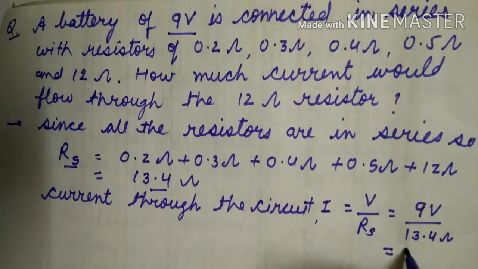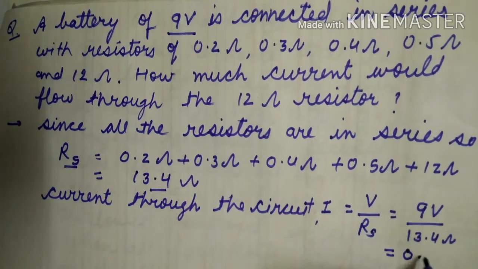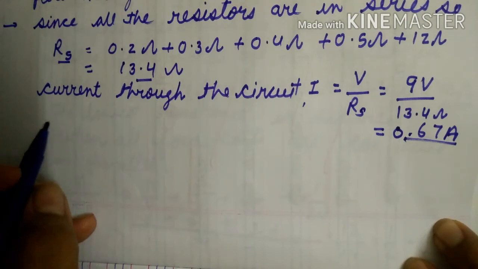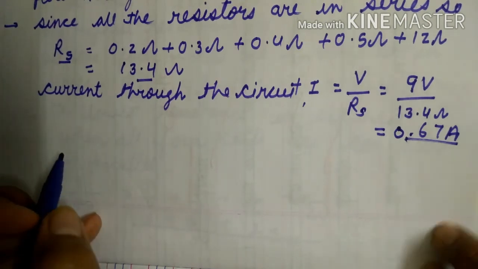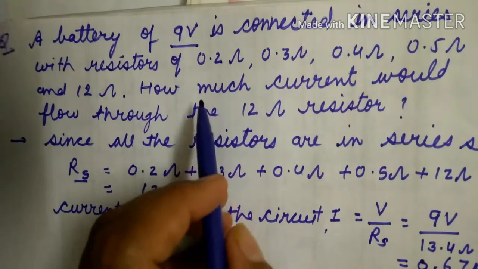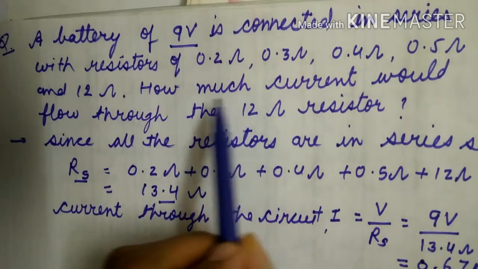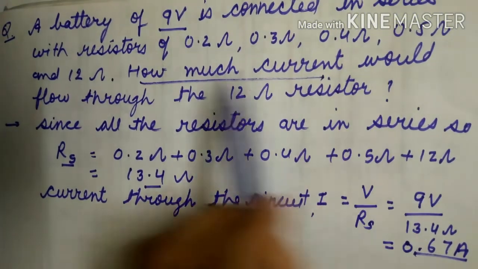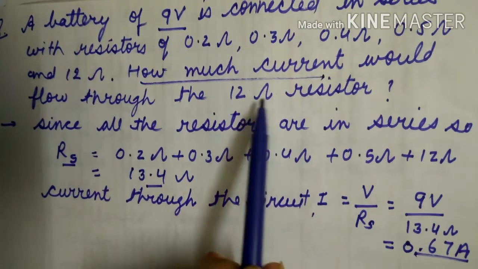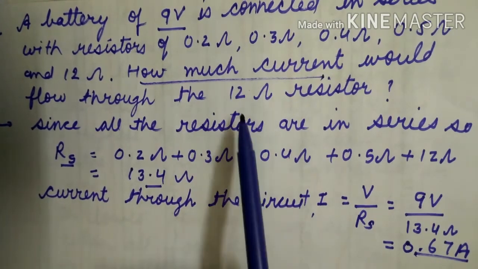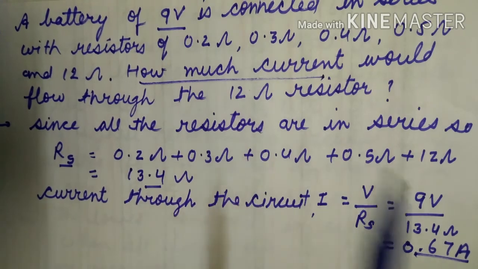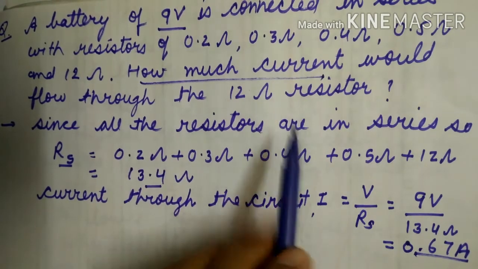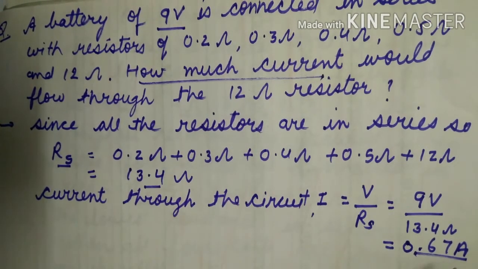So the value is 0.67 ampere. Secondly, they are asking how much current would flow through the 12 ohm resistor. We have obtained the total current, 0.67 ampere. We know that in the series combination the same current flows through all the resistors. So in the 12 ohm resistor the value of current will be 0.67 ampere.